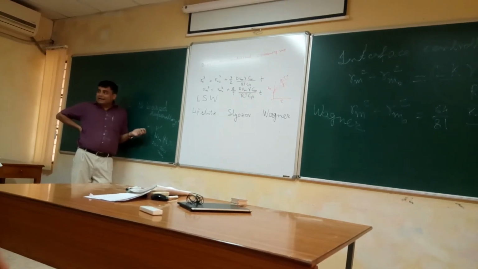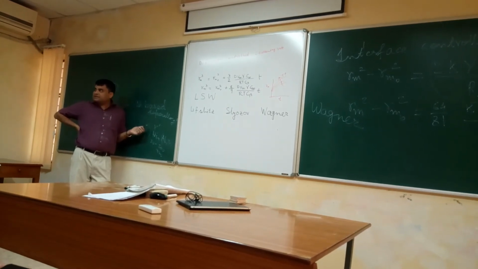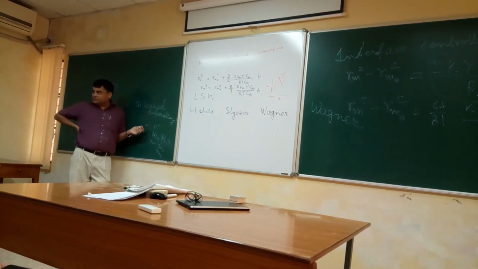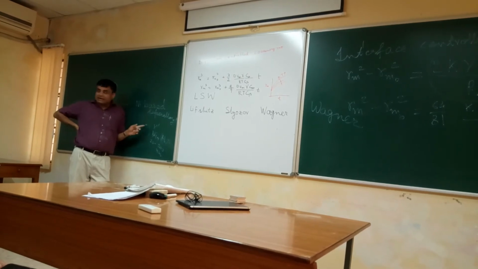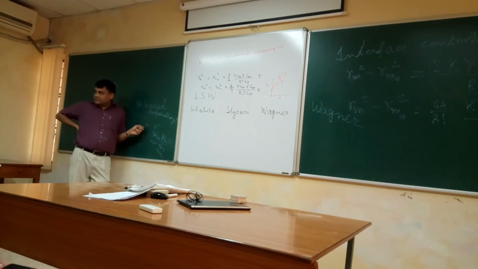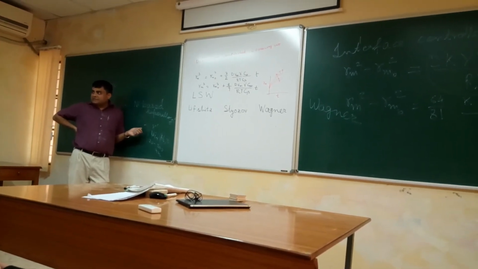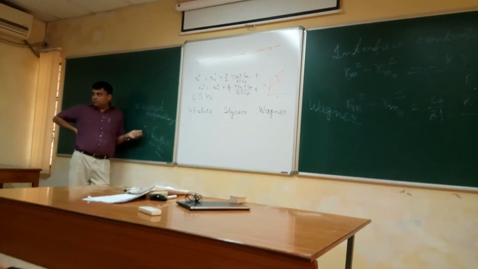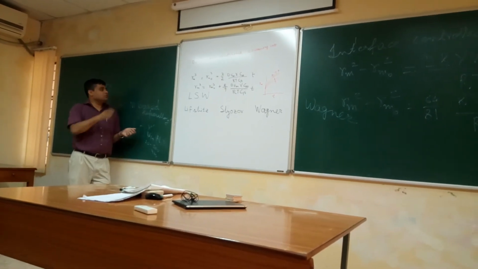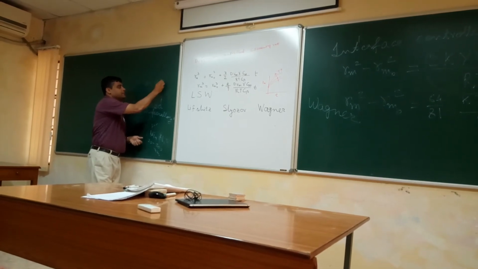But the lattice misfit between gamma and gamma prime gives the interfacial energy. It is a coherent interface, a coherent precipitate of gamma prime inside gamma. The lattice misfit is very, very low, at maximum between 0 to 0.2%.